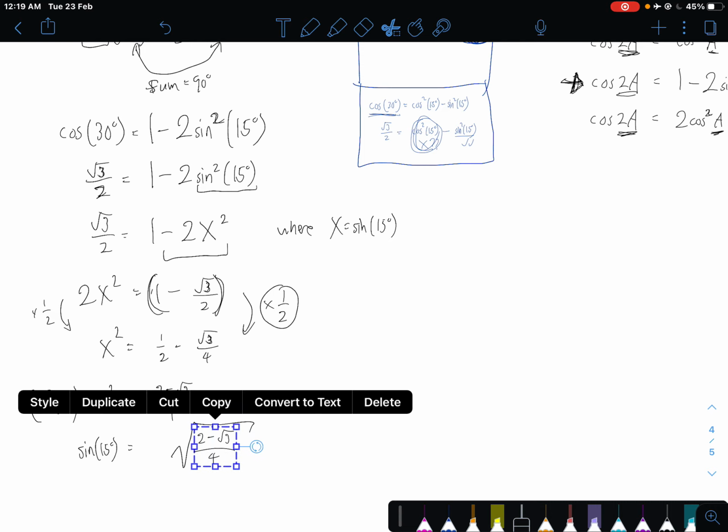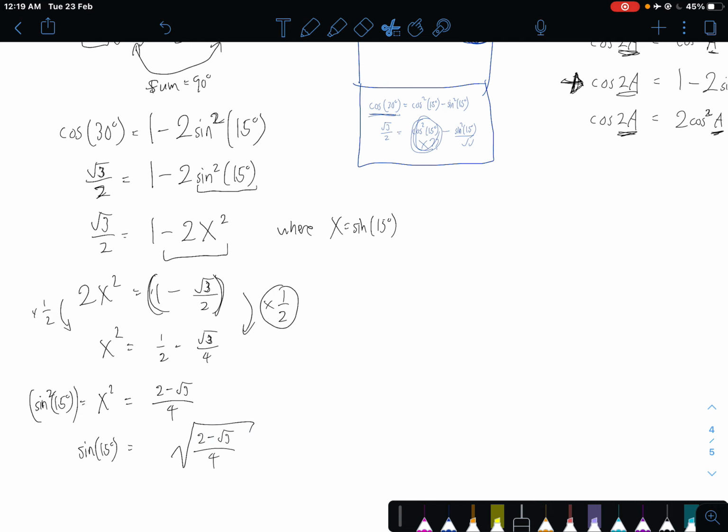To go from x squared into x, you just take the square root. You copy the right hand side and draw in this square root symbol, but you also have to include a plus minus sign in front. Don't forget the plus minus sign.